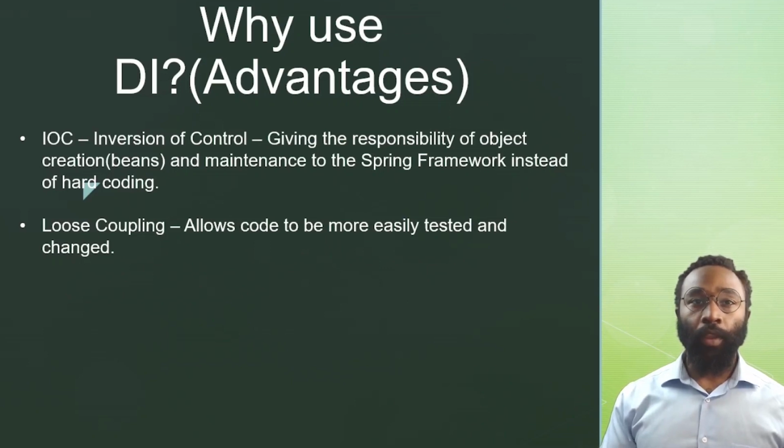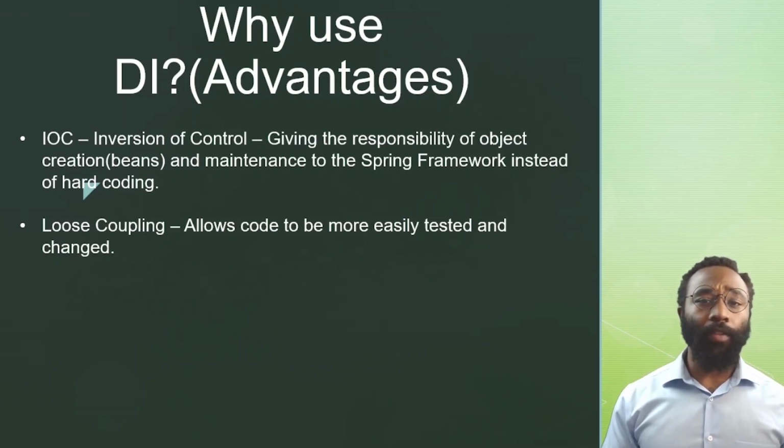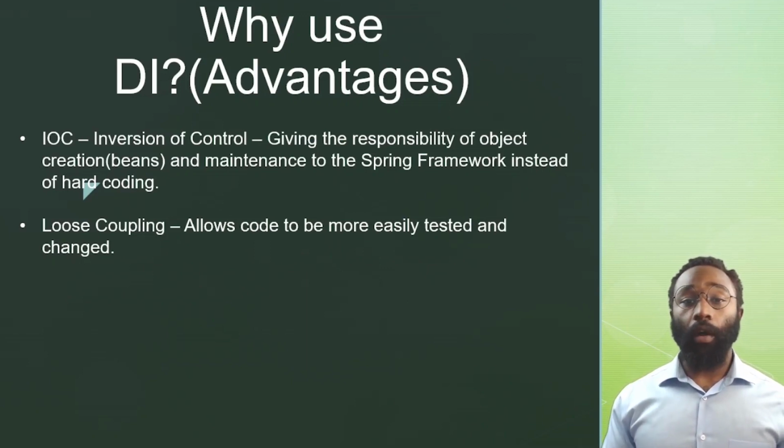Now, when it comes to loose coupling, we want objects that are not tightly coupled. What that means is if an object breaks or something happens, we can easily swap this object out. Say, for example, you had a certain database that one object was utilizing and something bad happens with this database, we can swap this out easily without having to go line by line and refactor all of our code.